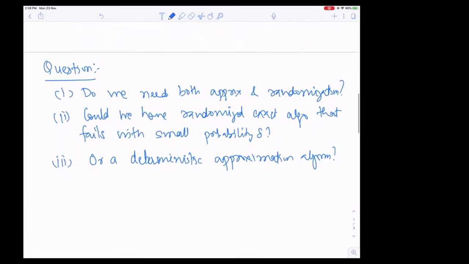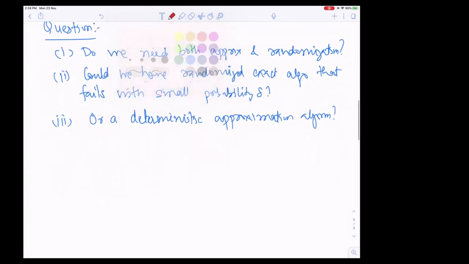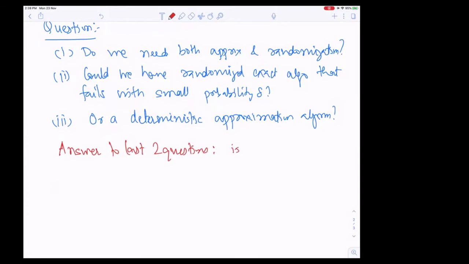Okay. And unfortunately, the answer to both these questions, or the last two questions, is no. And this was already proved by AMS, Alon, Matias, and Szegedy in 1999.